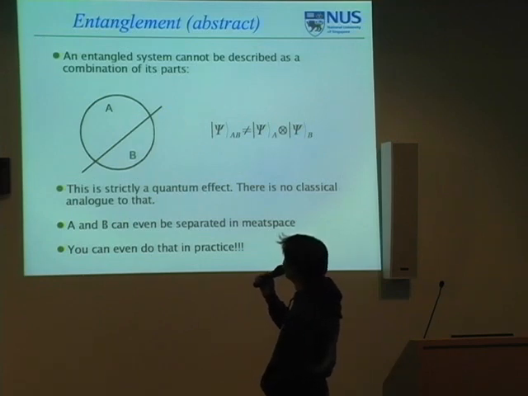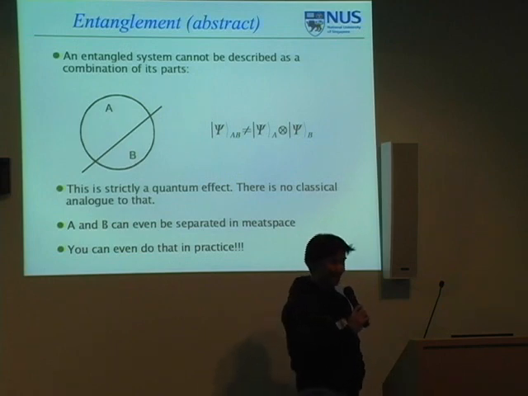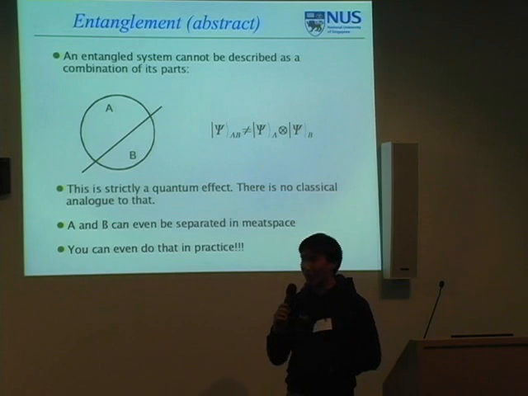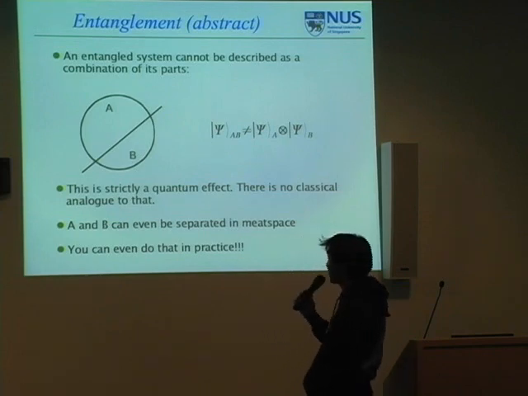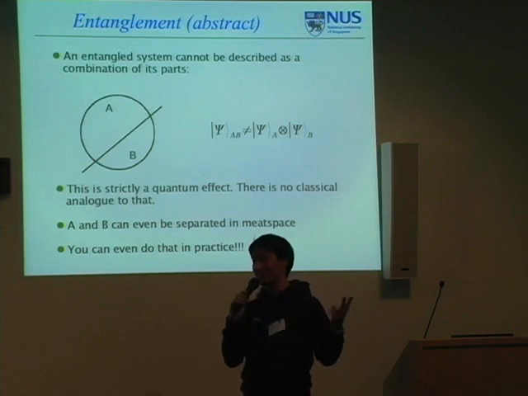Now, entanglement is actually something quite complicated. I'll try and walk you through what entanglement means, because even within the physics community, there's a huge debate of what entanglement actually is and how you can measure it and all that. But the easiest way I can think of to describe entanglement is consider a joint system composed of two parts, okay?